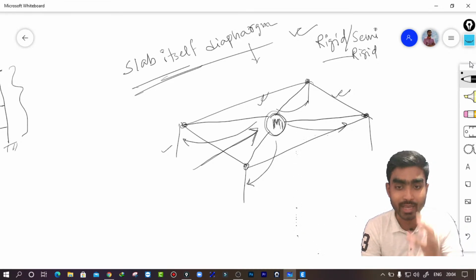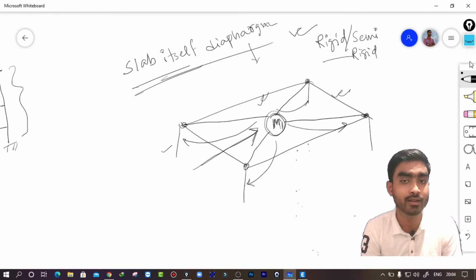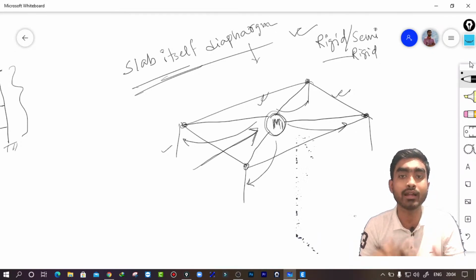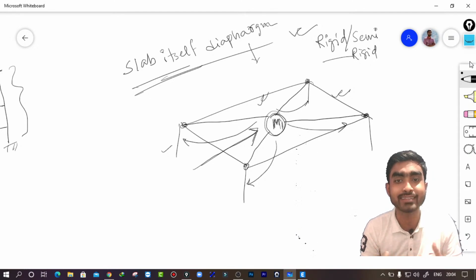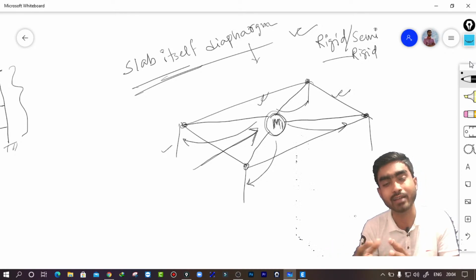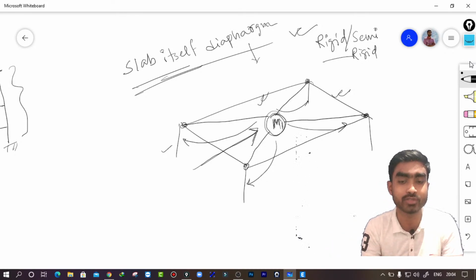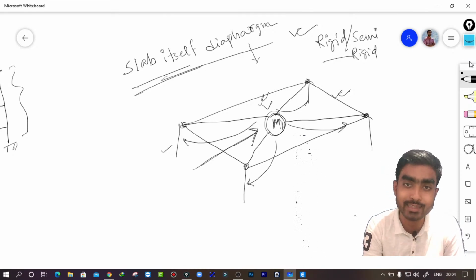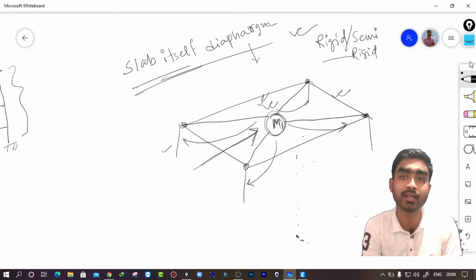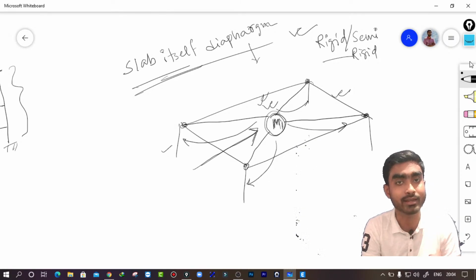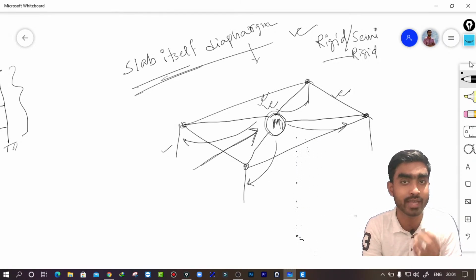But in the mathematical software, it does not understand that this slab is acting as a diaphragm. In other softwares like STAAD, they have different concepts. In case of ETABS, you have to assign this diaphragm separately so that the slabs which you have modeled should act as a diaphragm or give you this action.